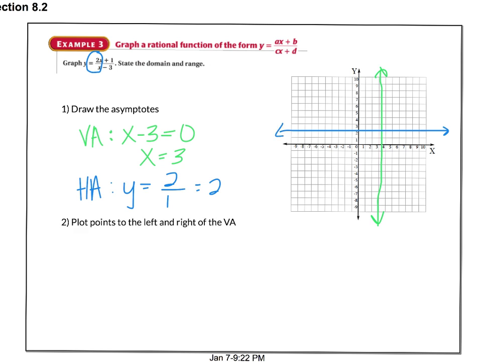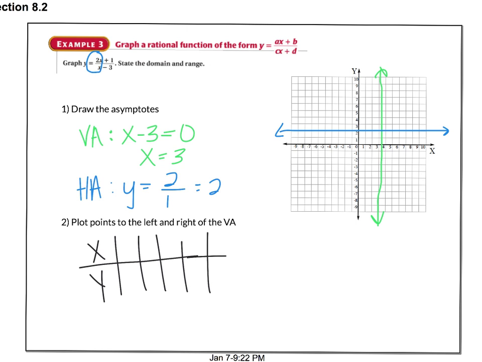Your second job then is to plot points to the left and the right of your vertical asymptote. So the green line is my vertical asymptote. I'm going to pick a couple points to the right and a couple points to the left. And again, you can pick whatever you want, as long as it's not the actual asymptote.